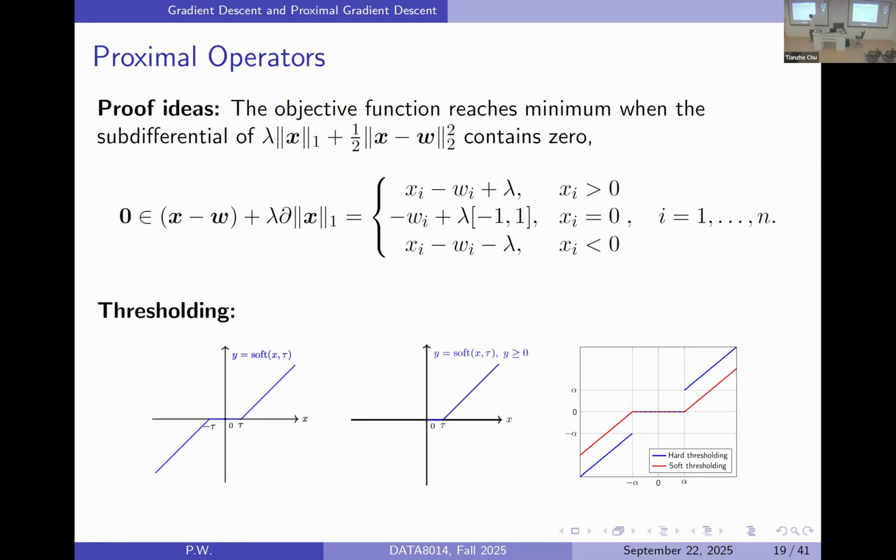It is actually very simple, just use what we introduced before: the optimality condition for a non-smooth convex function is that 0 belongs to the subgradient. The gradient here is x minus w, and the subgradient of the L1 term can be written down in this form.